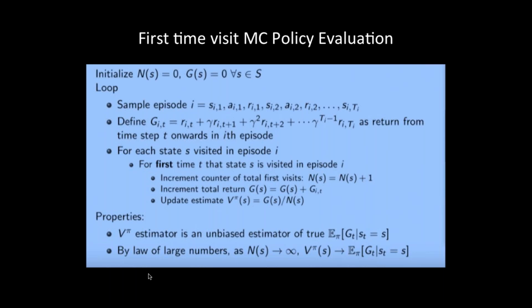The return at ST is actually the return that you expected at time ST only. NS is the number of times that he has approached the same state. And if it comes again, it gets NS plus 1.